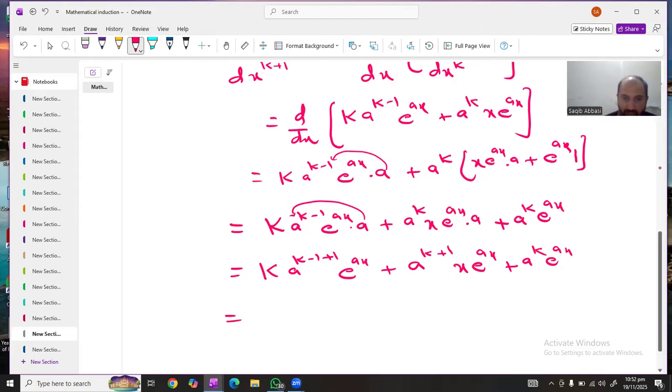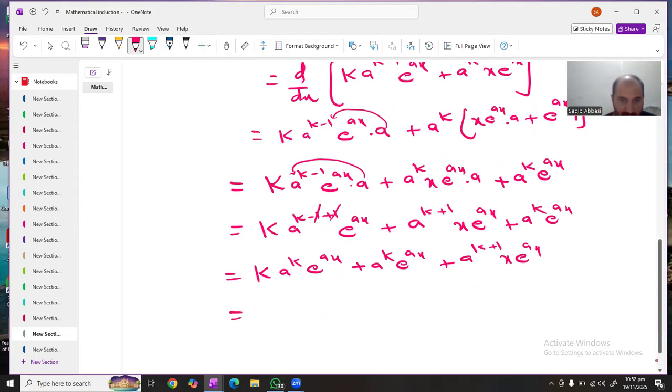Anything common here? This will be cancelled by this one, k a power k e power ax. Now we write a power k e power ax plus a power k plus 1 x e power ax. After doing this, we find what is common.